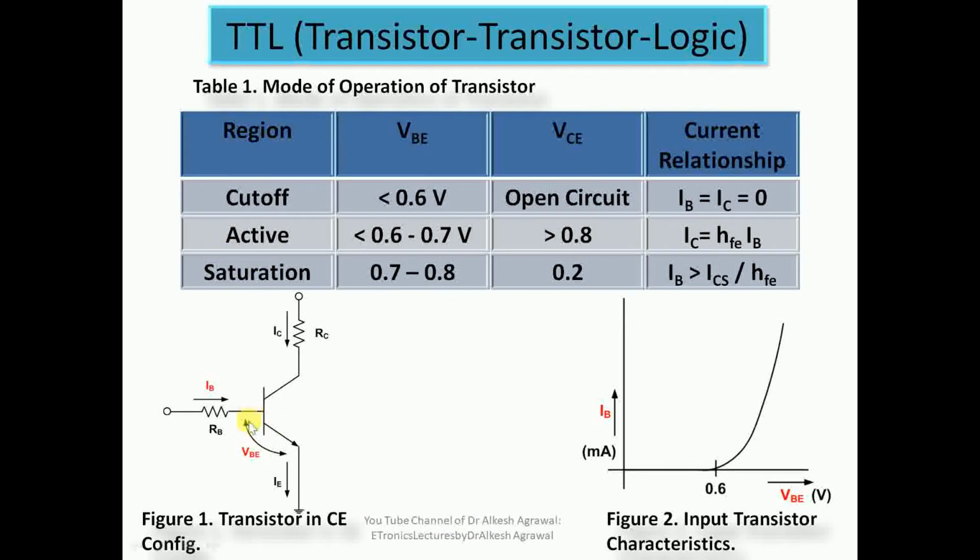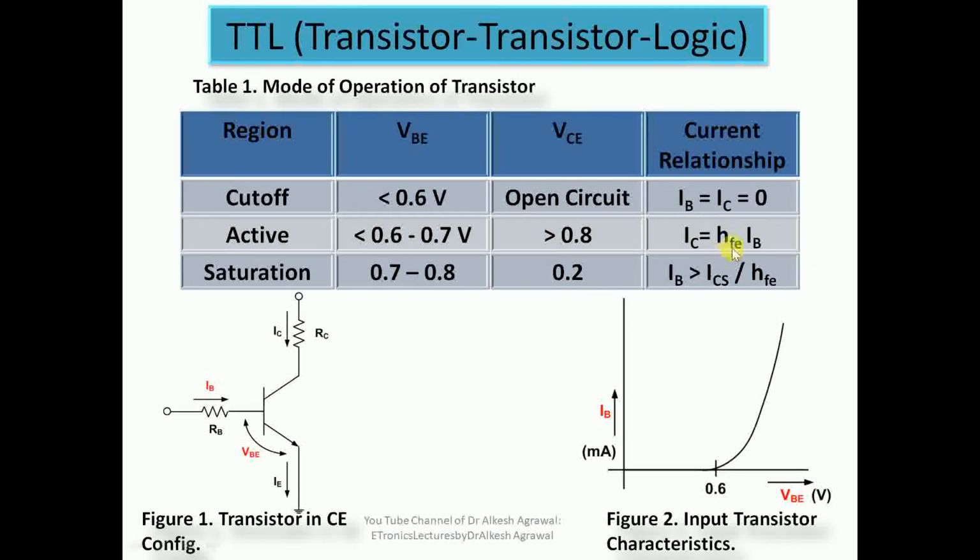In active mode, when VB increases from 0.6 to 0.7 volt, the transistor will work in active mode, it will be in on state, and in that case the voltage across VC is greater than 0.8 volt, and IC is beta IB.